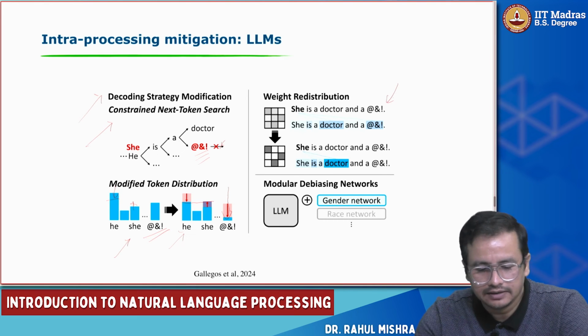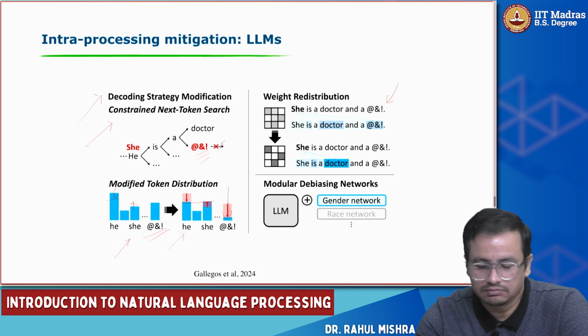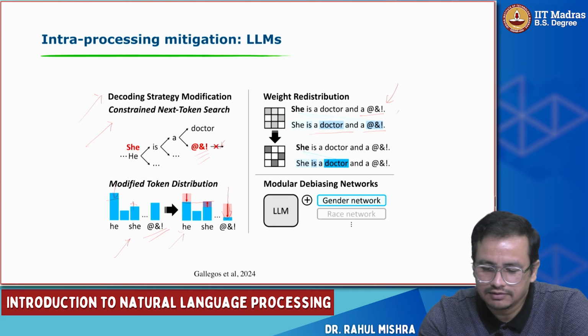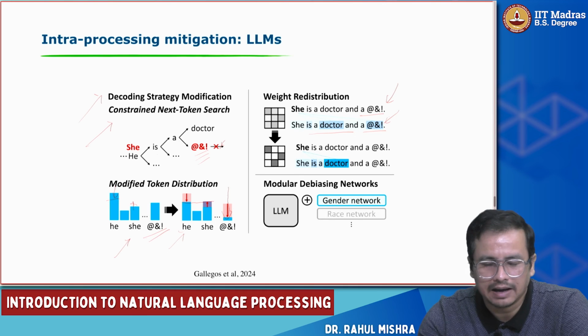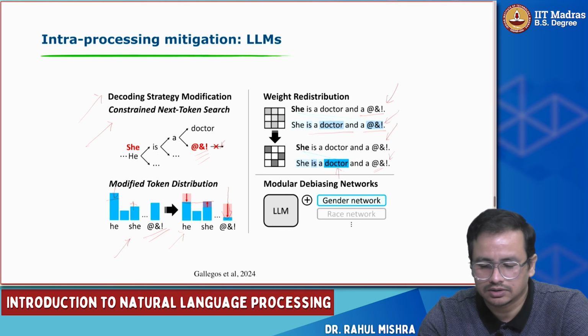Another set of methods categorized into this class, intra-processing mitigation, is weight distribution. Maybe you know the attention mechanism very well now. She is a doctor, and the curse word also is given some importance in your original attention map. What you want to do is reduce the attention score here, so you don't give attention score to the curse word. You give more attention weight to doctor, right? As simple as that.